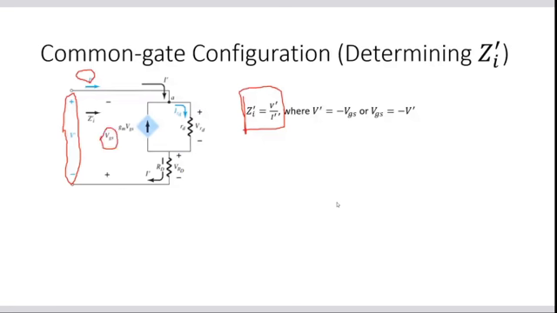Whereas for V dash it is the exact opposite. Here at the top it is plus and here it is minus. So I can write V prime is equal to minus VGS, or VGS is equal to minus V prime. Okay, the first part is done.